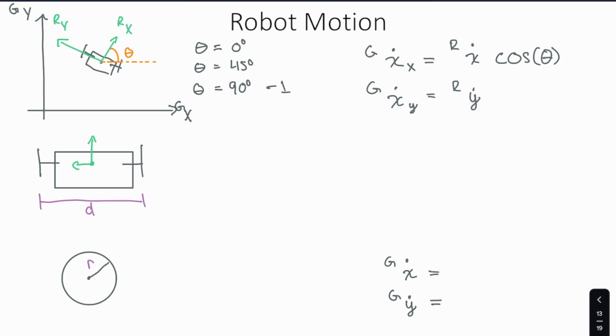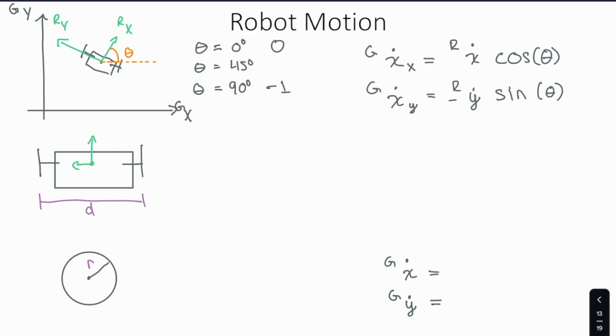And when theta is 0, that means yr is pointed straight along the global y-axis, so we would have 0. And so this relationship is going to be given by negative sine of theta.